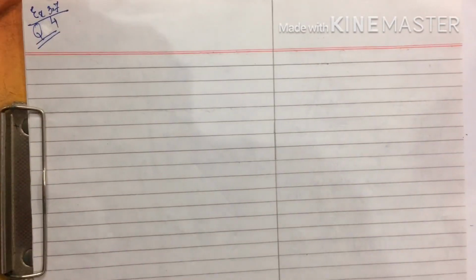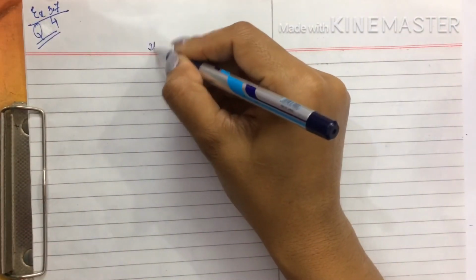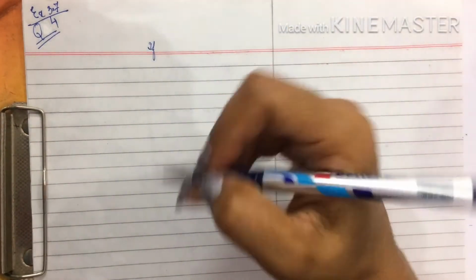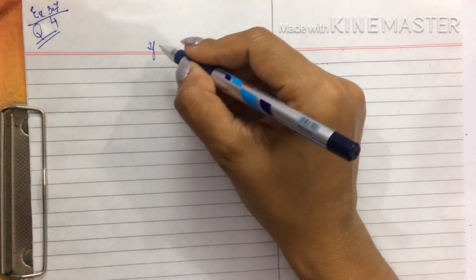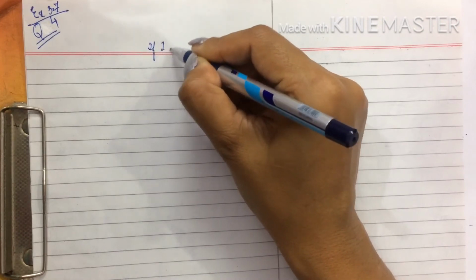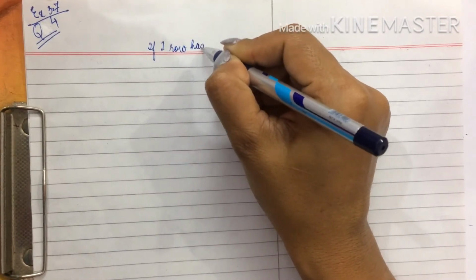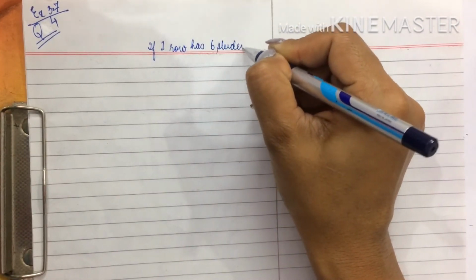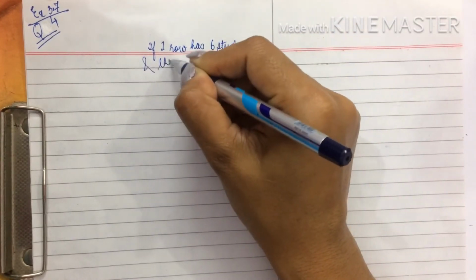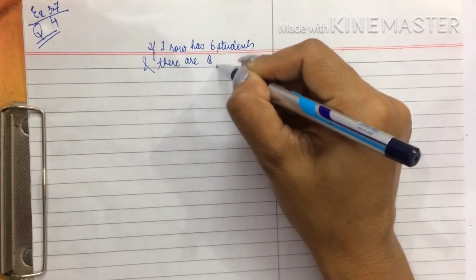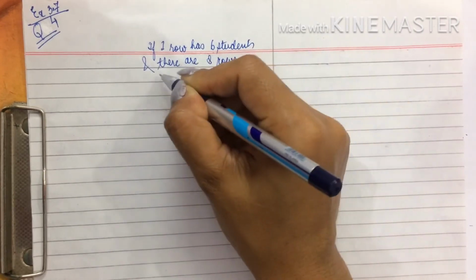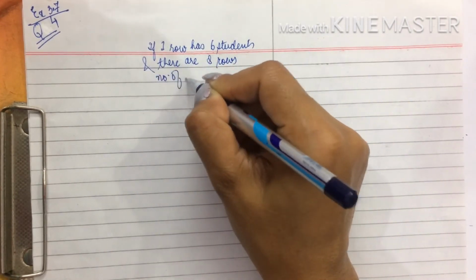Let's take an example on our own. If, for example, your class is made to stand in rows, if one row has 6 students and there are 8 rows, what can you say about the number of students?